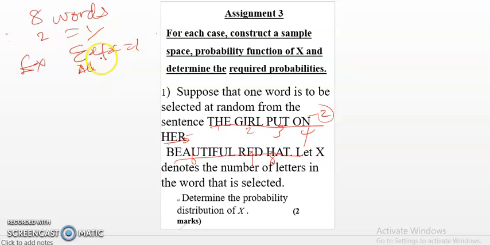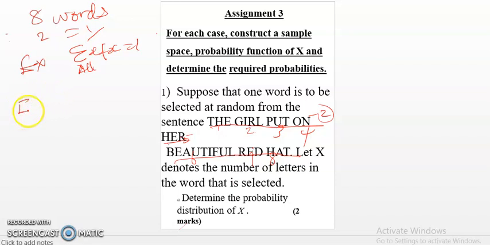It therefore means that to get the total probability distribution of this function, we simply need to take the words and take how many letters are in each word, so that we use them to evaluate the total probability distribution of this x.